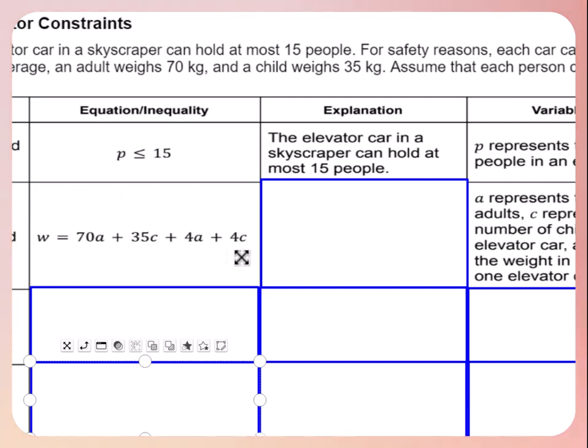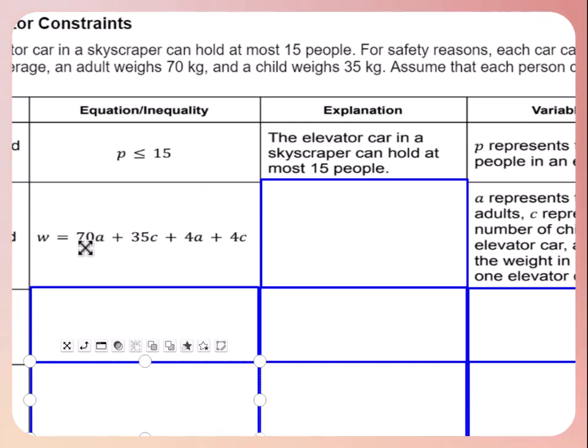A second one that's partially complete is W equals 70A plus 35C plus 4A plus 4C. Okay, so let me define the variables for you. A is the number of adults. C is going to represent the number of children in the car. And W is going to represent the weight in kilograms that one elevator car can carry.